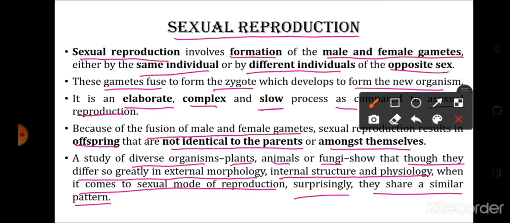Though they differ in morphology, their internal structures are also different. The internal structure of fungi is different from plants, plants are different from animals, as well as their physiology is also different. The morphology, the anatomy, that is internal structure, as well as the physiology of all these organisms are different.